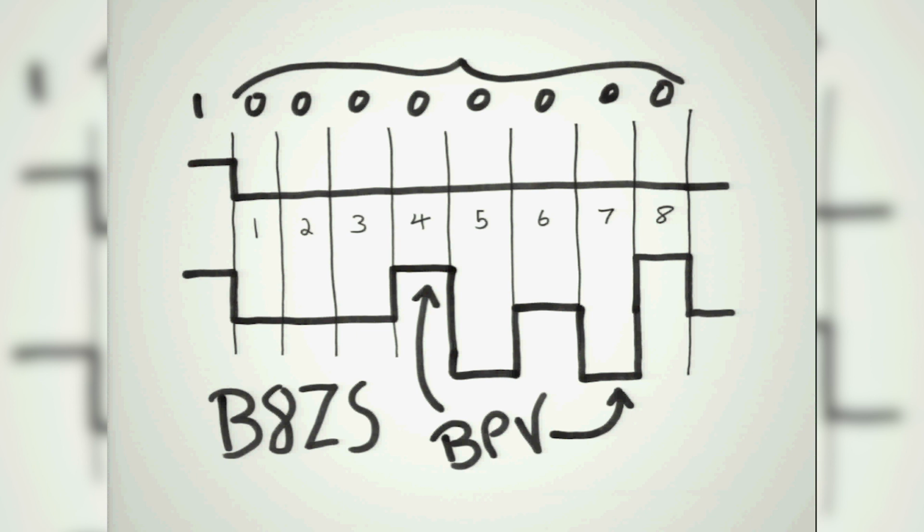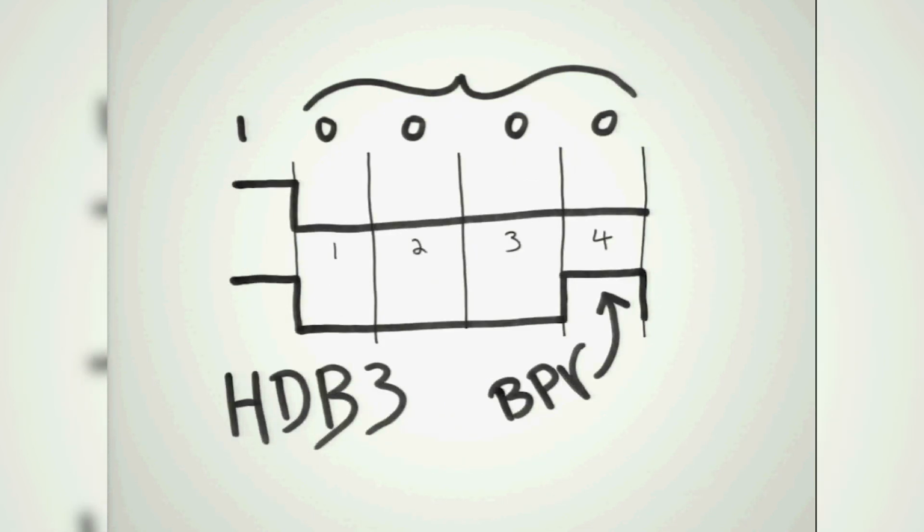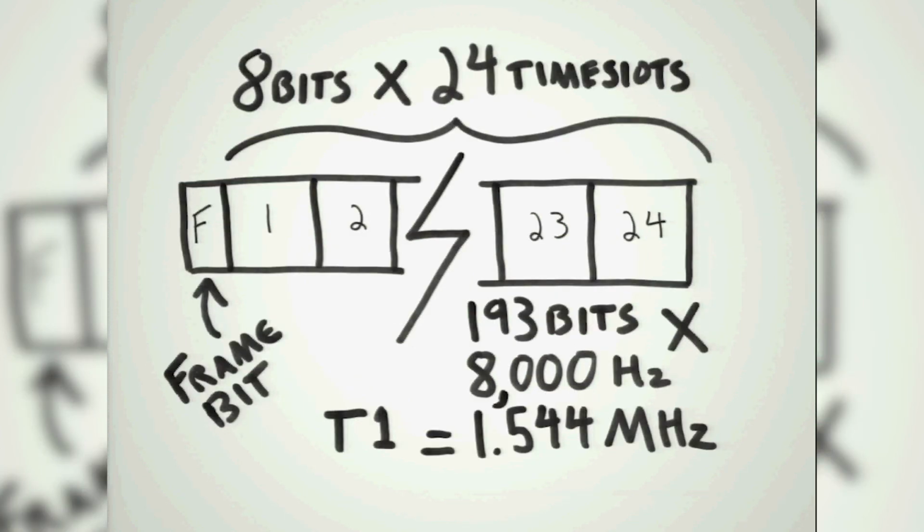And for E1, we use HDB3, high density bipolar 3 code. Anyway, for E1, instead of 8 bits replaced with a bipolar violation, it's just 4 bits with a bipolar violation at the end. Okay, so we've done coding.